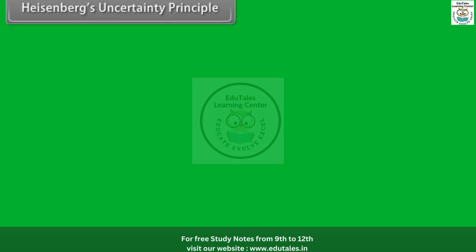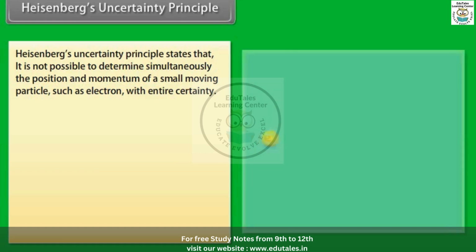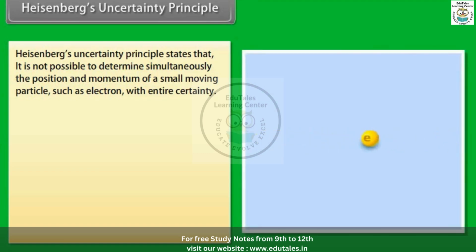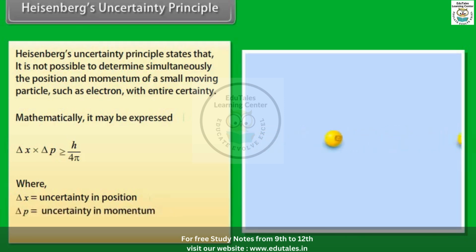Heisenberg's uncertainty principle. Heisenberg's uncertainty principle states that it is not possible to determine simultaneously the position and momentum of a small moving particle, such as an electron, with entire certainty. Mathematically, it may be expressed as delta x into delta p greater than or equal to h by 4 pi, where delta x is the uncertainty in position, delta p is the uncertainty in momentum, equal to m delta v.